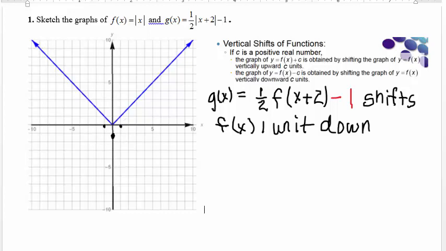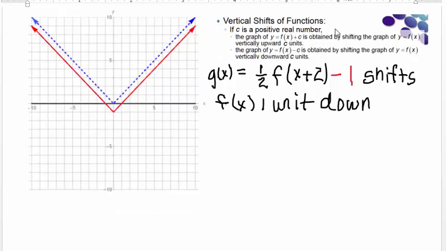Let's look at what happens if we move that entire graph, every point of the graph, 1 unit down. And we're going to graph this in red and take a look at it. So this is the red graph, what the function becomes when we shift every point 1 unit down. So this is what we would see.